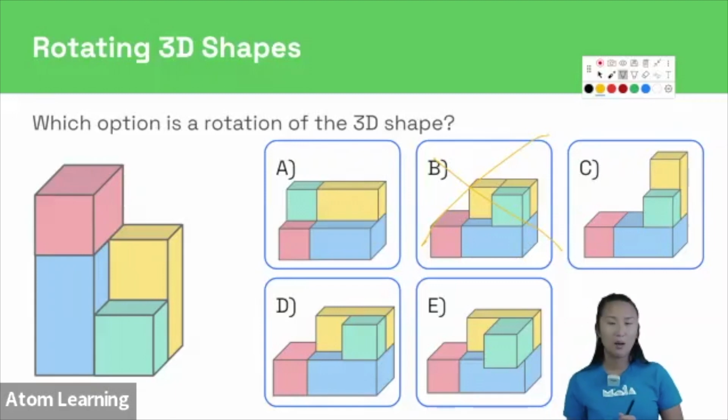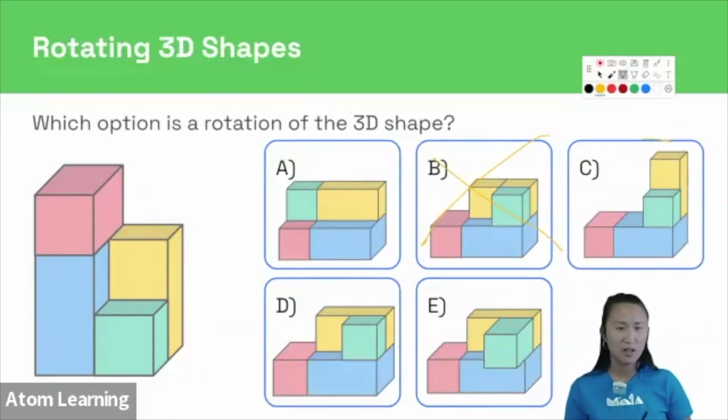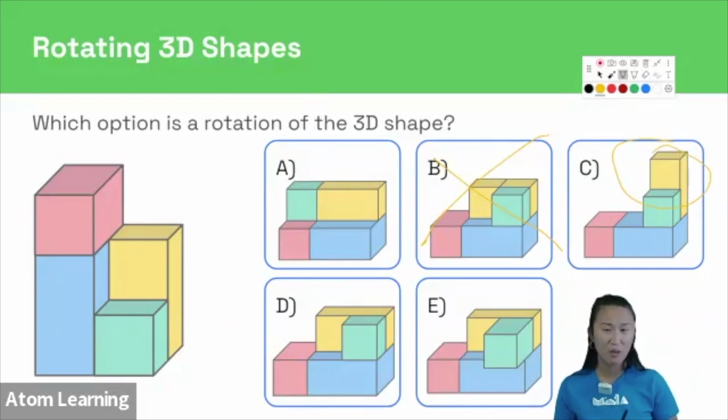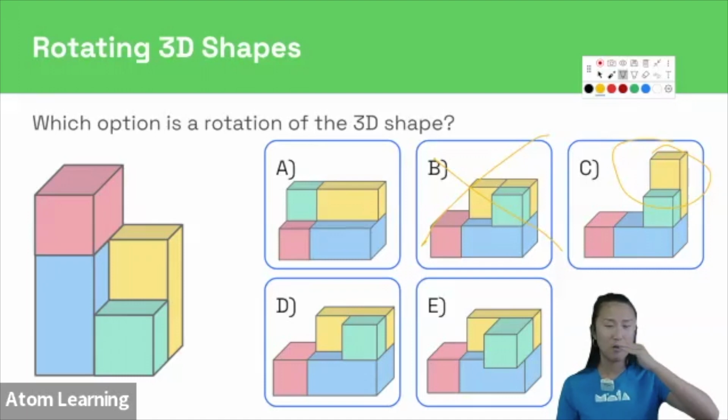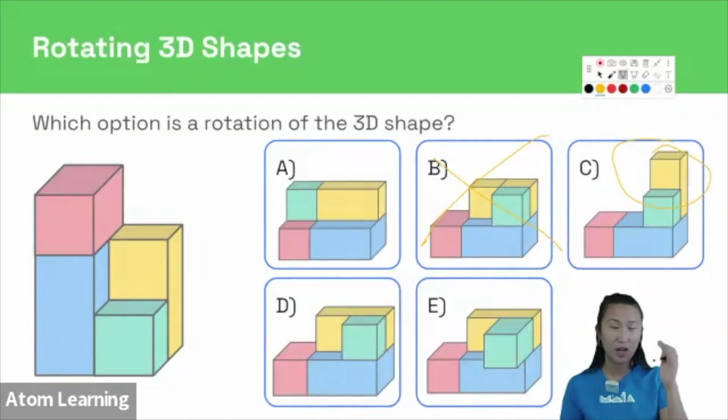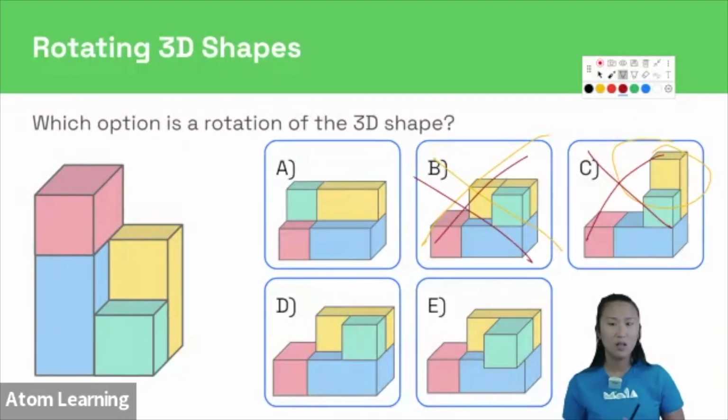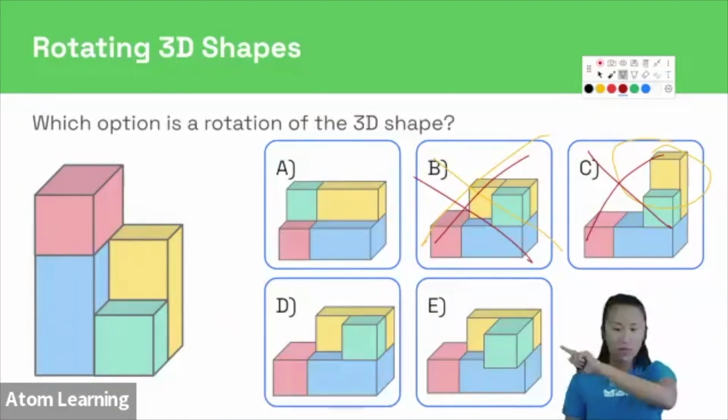Next, if we look at C, this yellow block here is sticking out at the wrong angle. Instead of being parallel to all the other blocks, it's perpendicular, it's at a right angle. So we can also rule out C. So I got rid of B, got rid of C. Then if we look at E, this green block here is way too big.